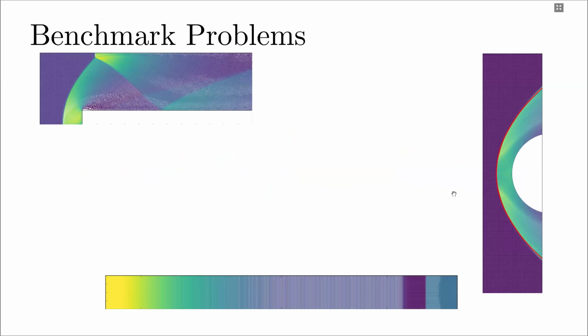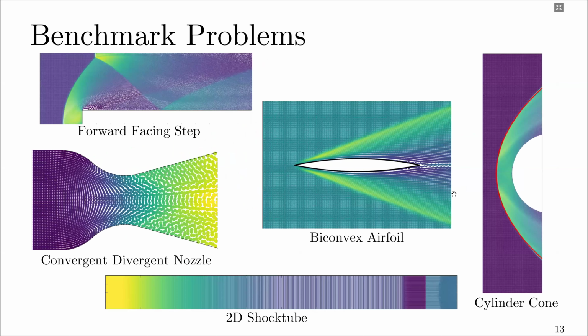With these, we are able to simulate a bunch of classic fluid dynamics problems. We have a convergent-divergent nozzle where the flow accelerates smoothly. Then we have a 2D shock tube where a shock hits the wall and reflects back.